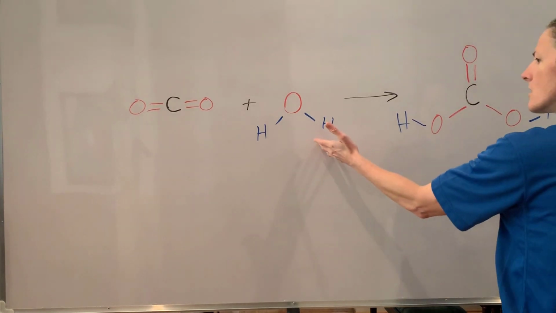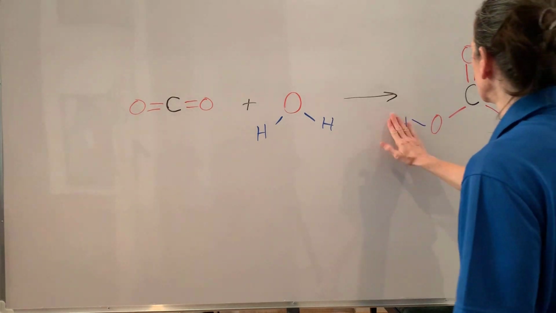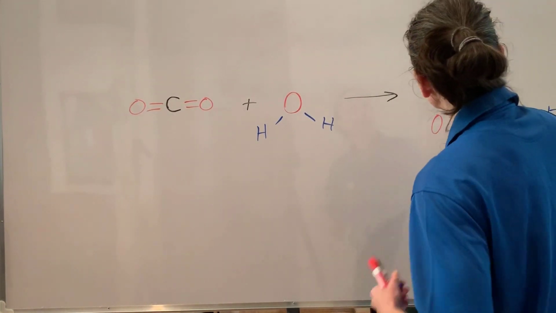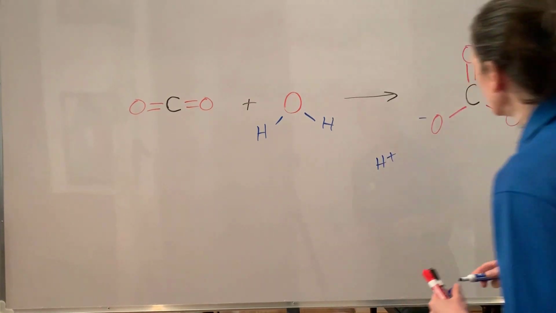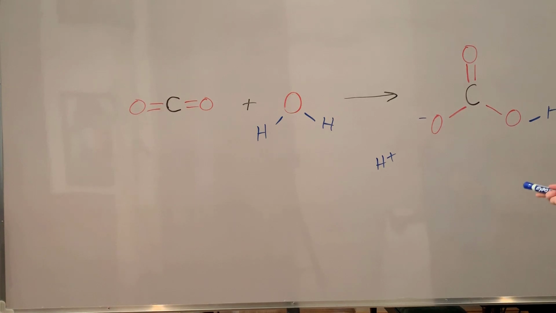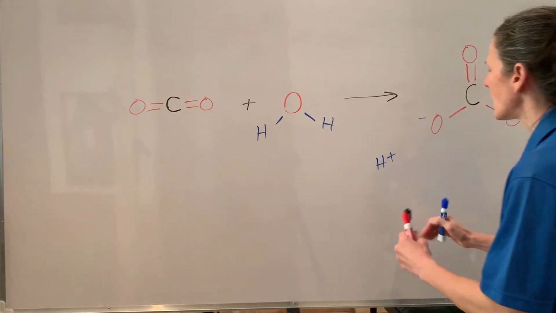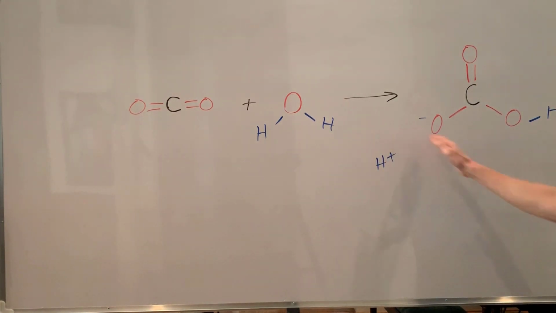And just like water, we can see that one of these hydrogens could pop off and wander off somewhere. And it could leave its electron behind and become a proton. And as we know, an acid is a proton donor, or something that puts more hydrogen ion into solution. So this is exactly what carbonic acid does. And when it does so, it becomes bicarbonate ion. So this now is bicarbonate ion.